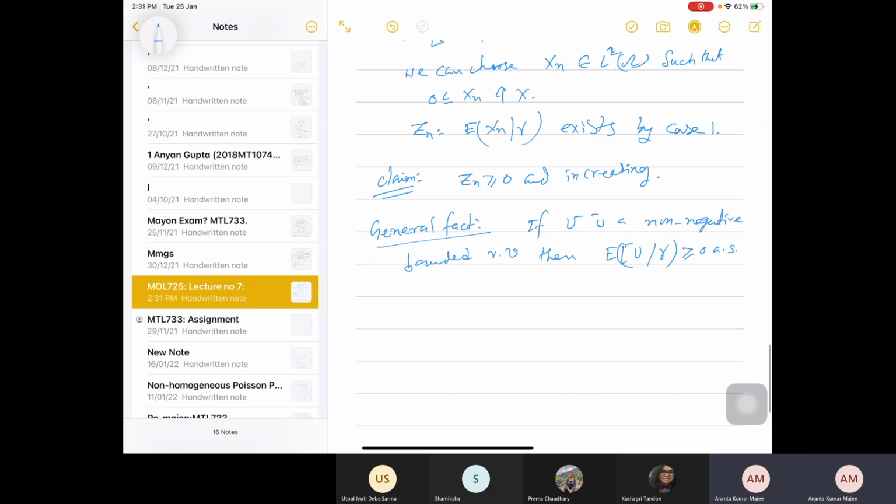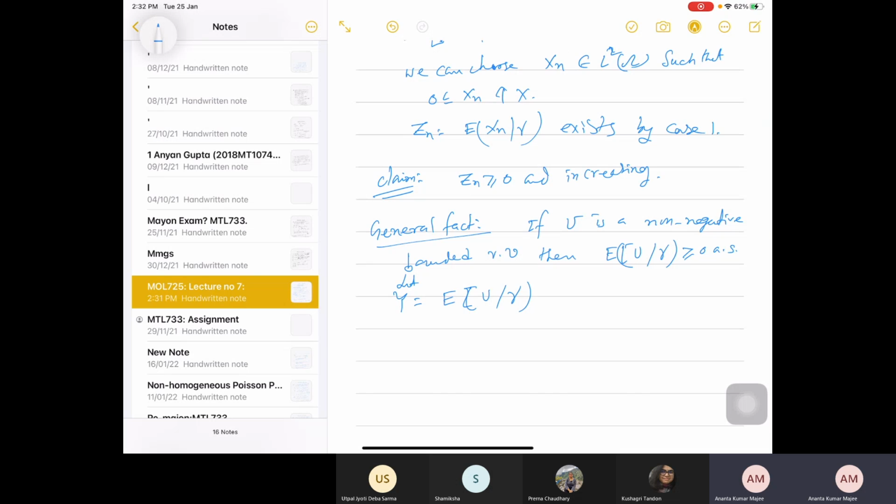How to prove this? Let y equal the expectation of u given nu. What I have to show is that y is greater than or equal to 0. I am considering a contrapositive argument.